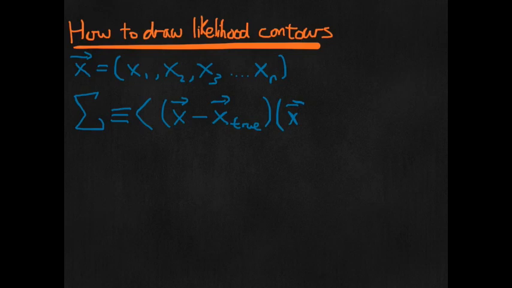This deviation x minus x true, if we take its outer product, an ensemble average, that's the error covariance.